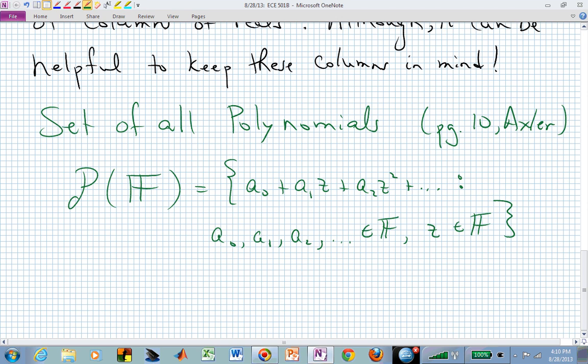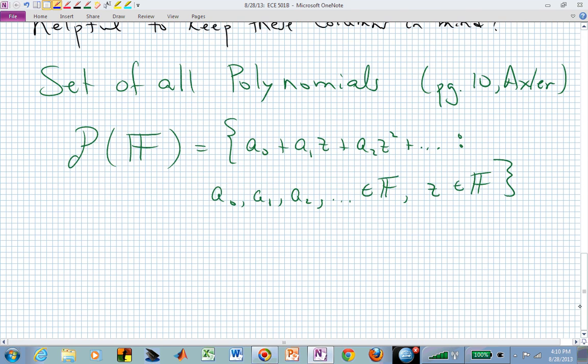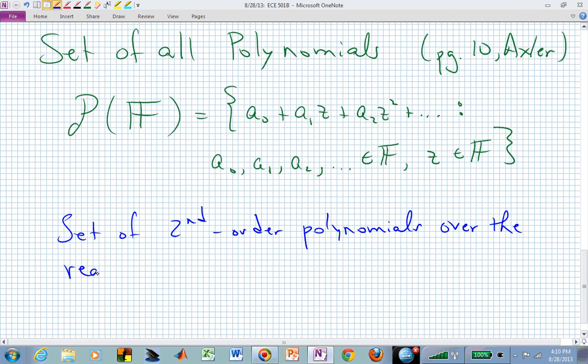Now, if you wanted to, you could think of another more specialized set, and we'll learn that would be a subset of this. This is now a vector space, this set of all polynomials, but we could also look at a set of second order polynomials, and let's specialize that to say over the real numbers.